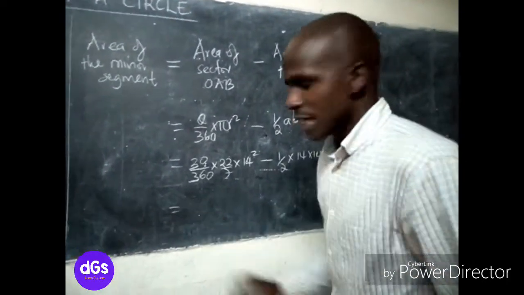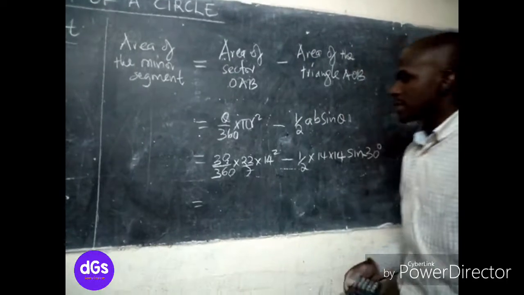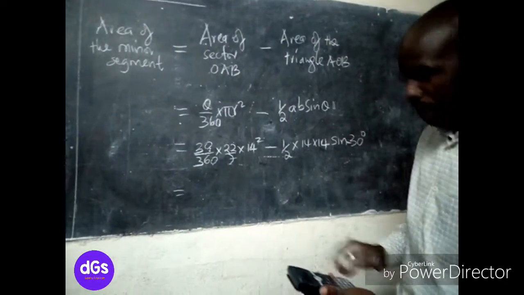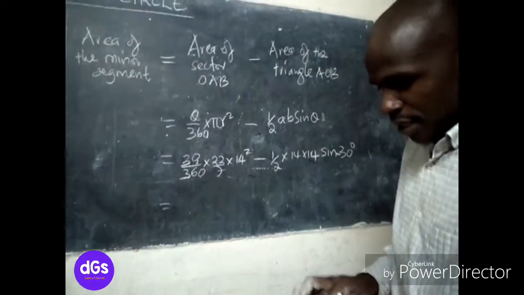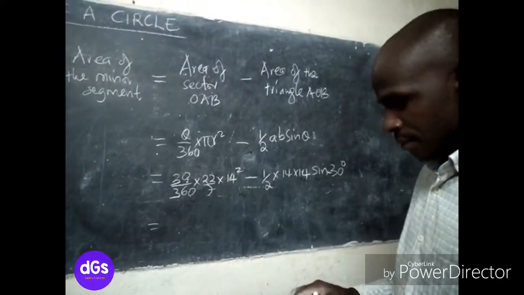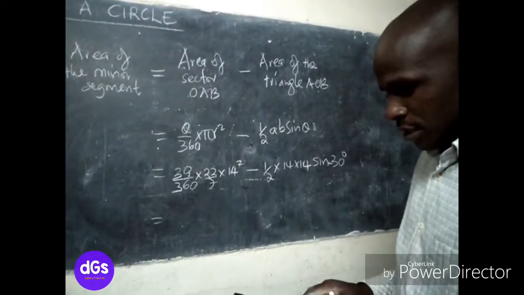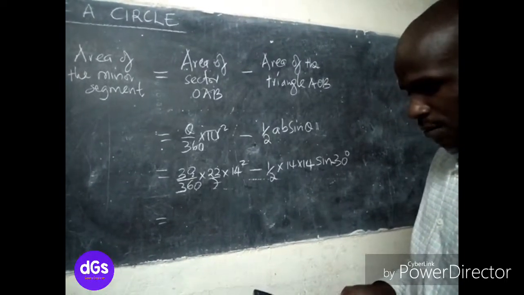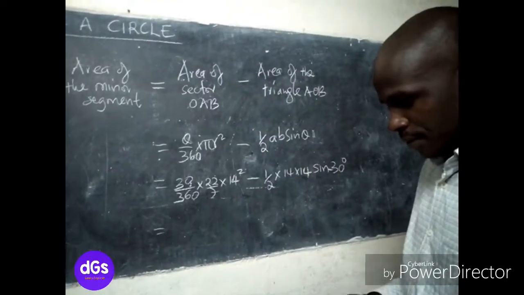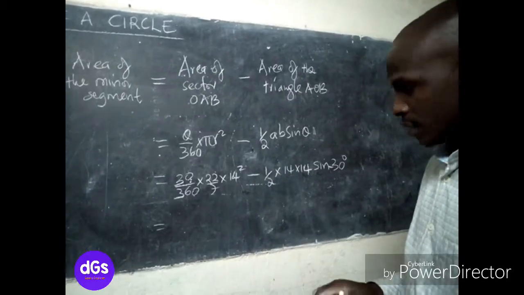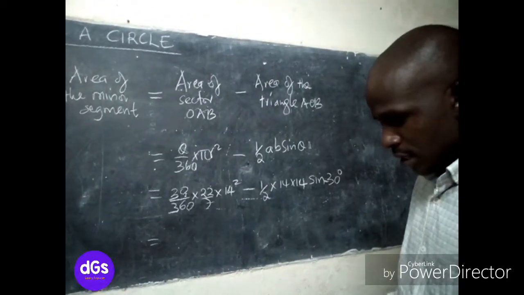Now, with the help of a calculator, we can get this value, because the first part will be 30 over 360 times 22 over 7 times 14 squared. Let's see what we are getting.